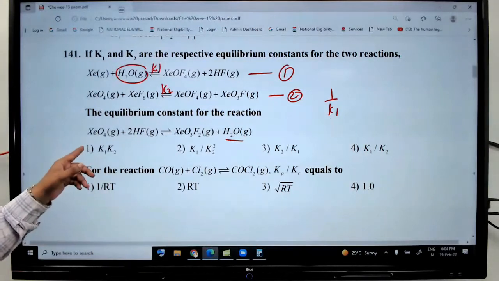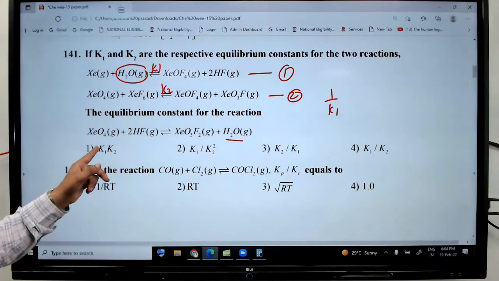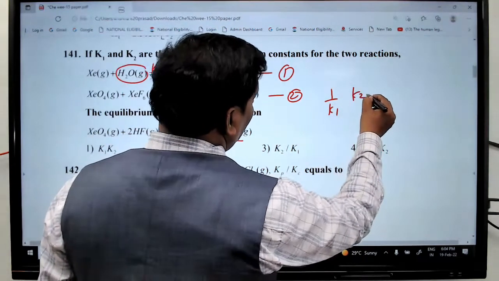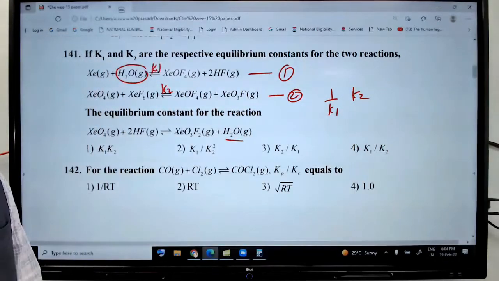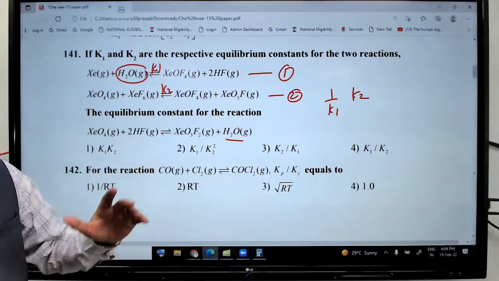Now equation 2 we can write as it is, meaning K2. After that both equations are added. Equation 1 is reversed, you write equation 2 as it is, and both are added.